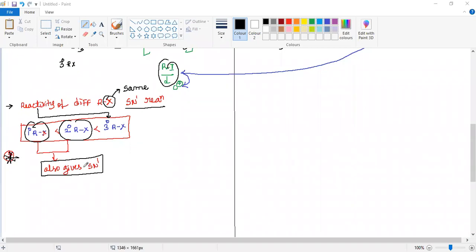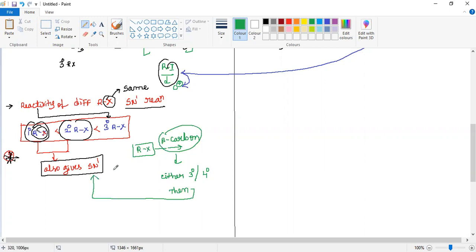See beta, when does it give? Whenever the beta carbon of the alkyl halide is either tertiary or quaternary, then they give SN1. Don't forget, very important point.